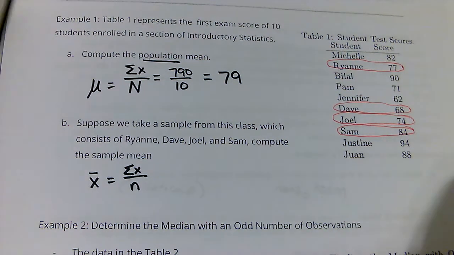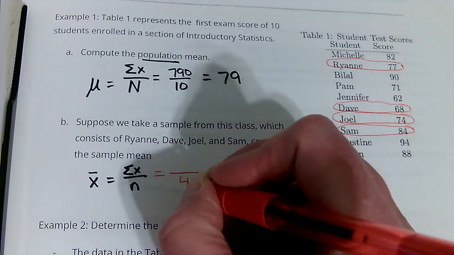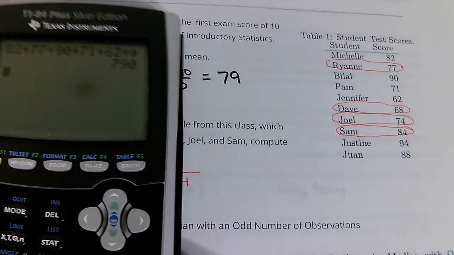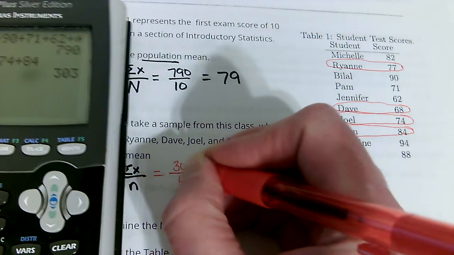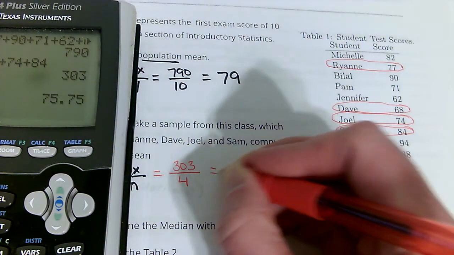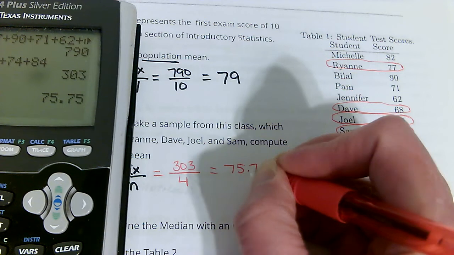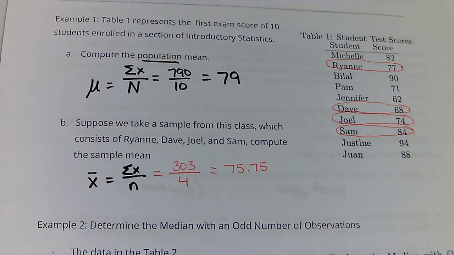It's only 4 people. So we're going to add them up and divide by 4 this time. So 77 plus 68 plus 74 plus 84 is 303, divided by 4, and we get 75.75 for our sample mean.